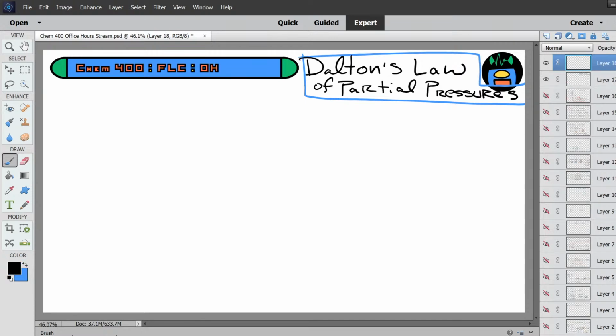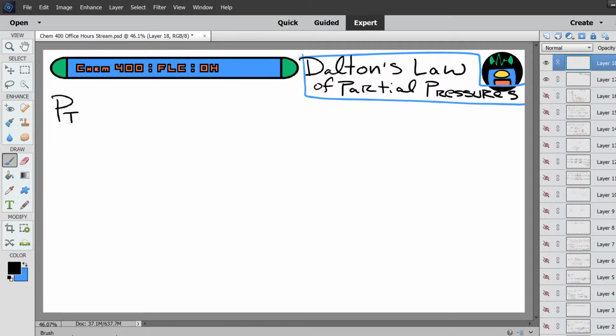Dalton's law of partial pressures has two formulations. It basically states that for a mixture of gases, the total pressure is equal to the partial pressure of each individual gas added up. One way of saying it is you can write it like this.